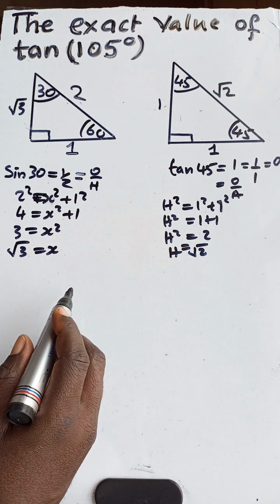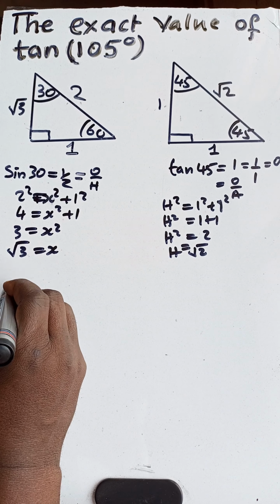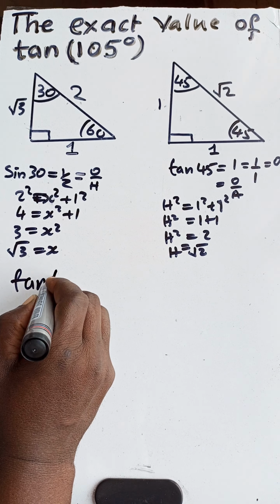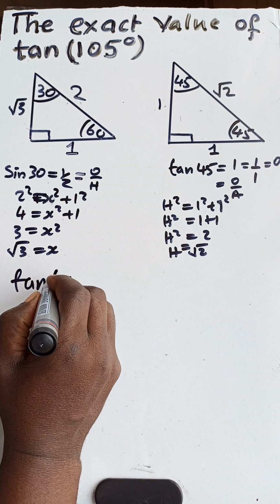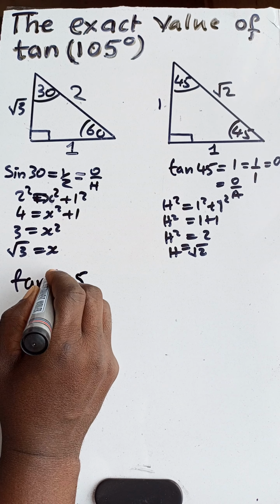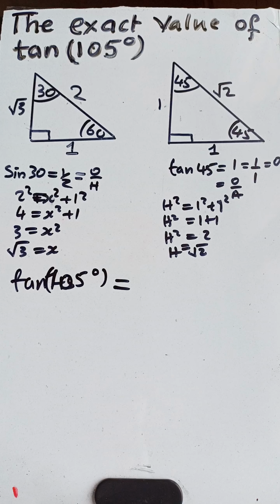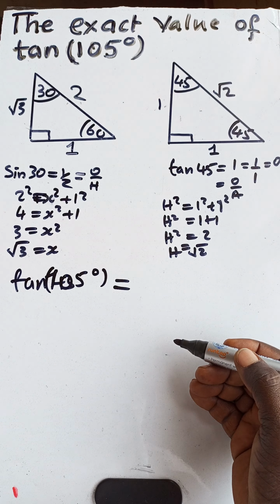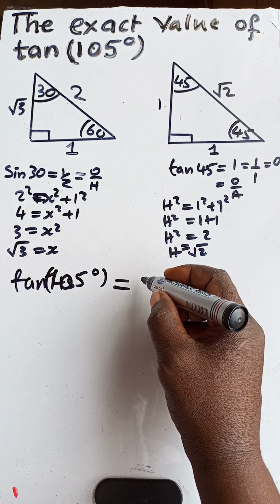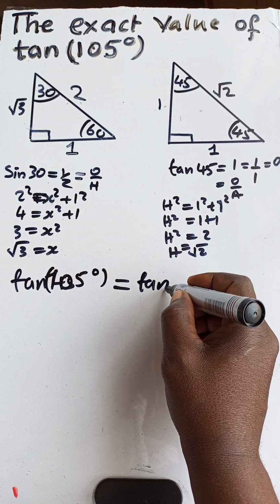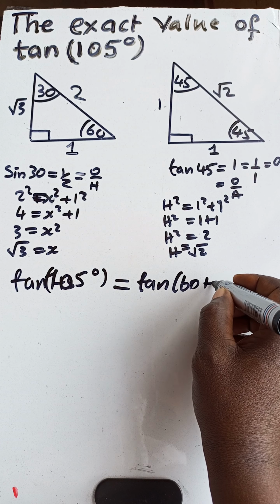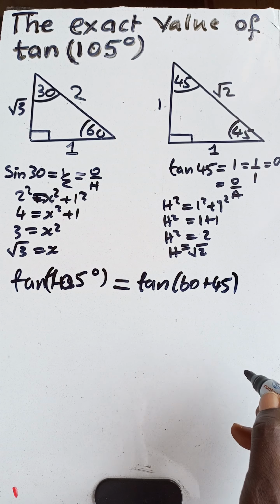Coming to our question, tan 105 degrees is the same as, we will just break up 105 into 60 plus 45 degrees. So it is tan of 60 plus 45 degrees.